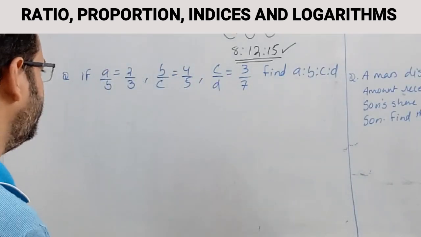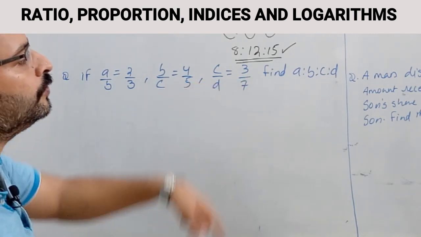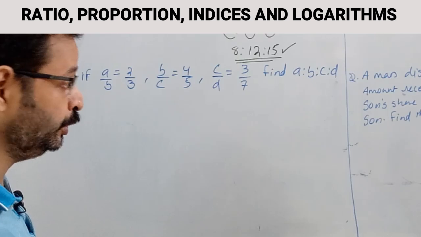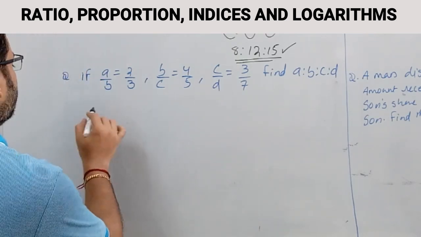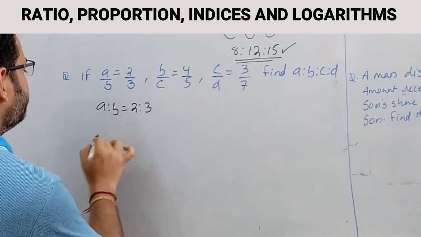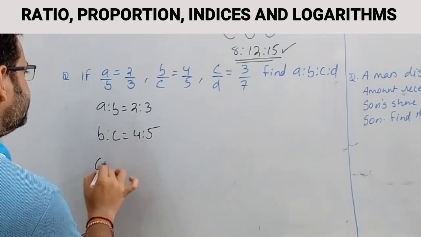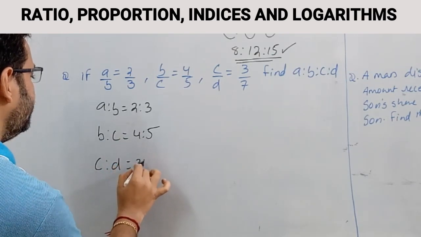Okay, then the next one: A by B given, B by C, C by D. We have to find A is to B is to C is to D. In the question it is given that A is to B equal to 2 is to 3, B is to C equal to 4 is to 5, C is to D equal to 3 is to 7.